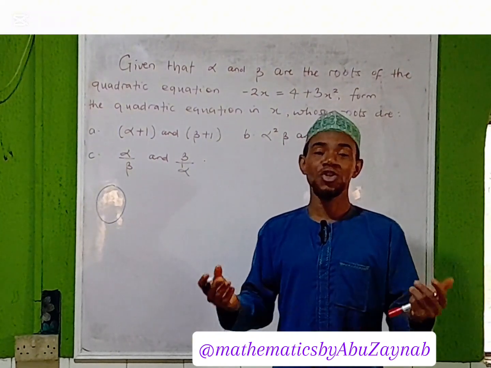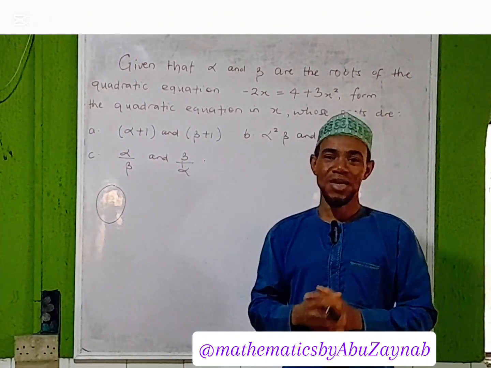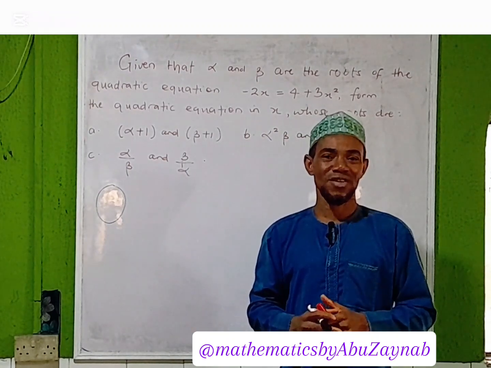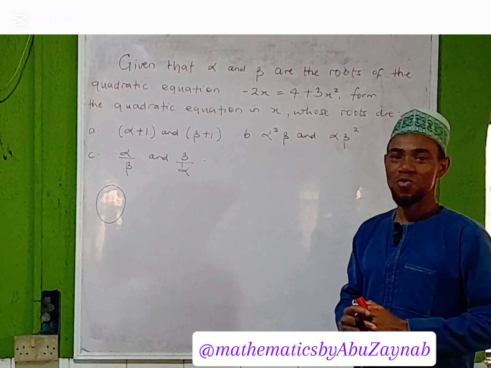So by default, all you need to do is to find the sum and the product of the new given roots and then substitute into the customized equation. So let's see how it pans out with this set of questions on the board.